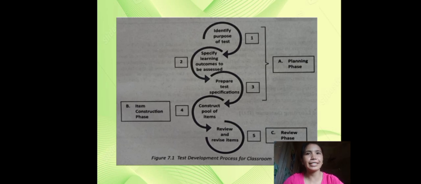Yung first, second, and third, yung identify purpose of test, specify learning outcomes to be assessed, and prepare test specification, it is part of the planning phase. While yung construct pool of items, ito yung item construction phase. And yung review and revise items naman, ito yung review phase.